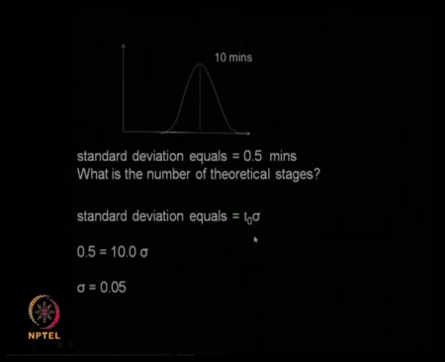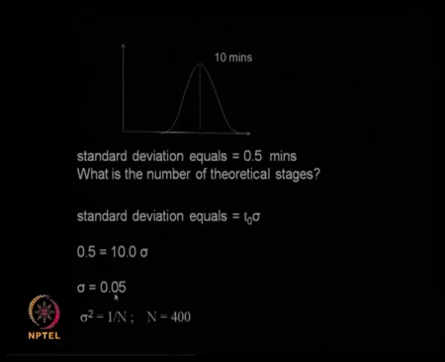Once I calculate sigma, I use another equation relating sigma and the number of stages: sigma square equals 1 by n. So, n is equal to 1 by 0.05 square. So, n is equal to 400. It means this particular chromatographic column has 400 stages.